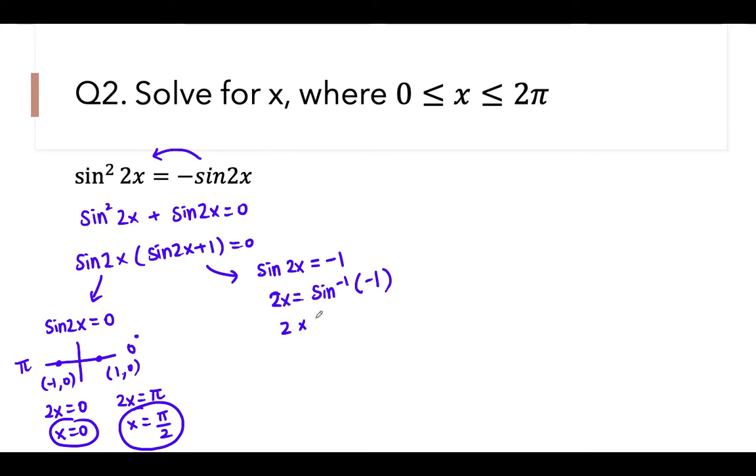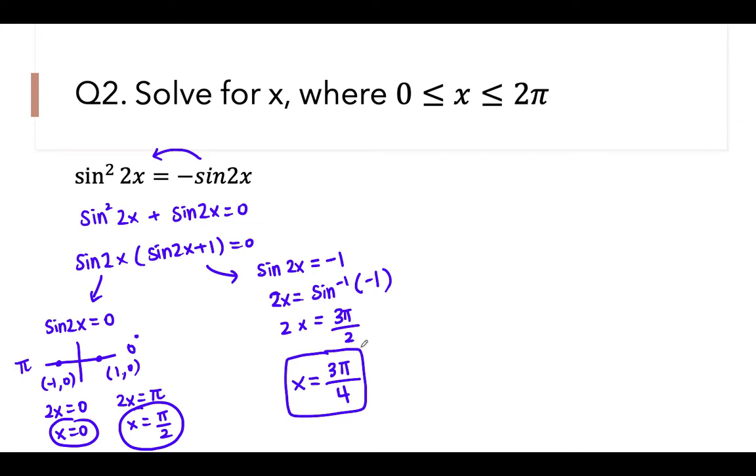And then 2x, when you punch it in the calculator, is going to give you 3 pi over 2. Therefore, I'm going to divide everything by 2. So x is equal to 3 pi over 4. And then this will be the third answer.